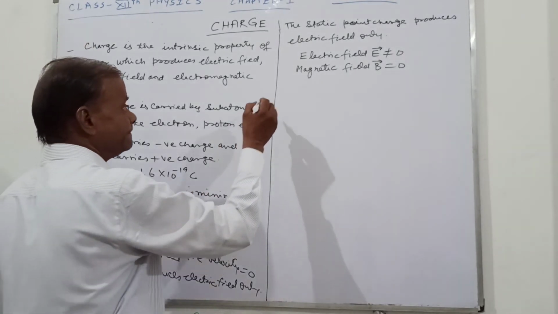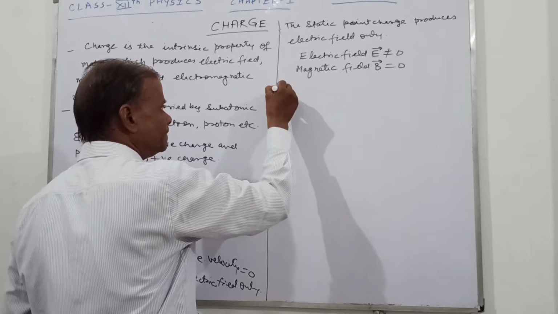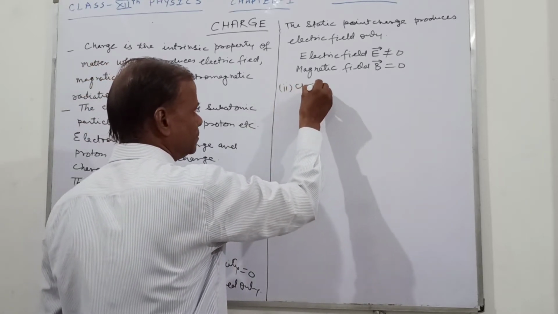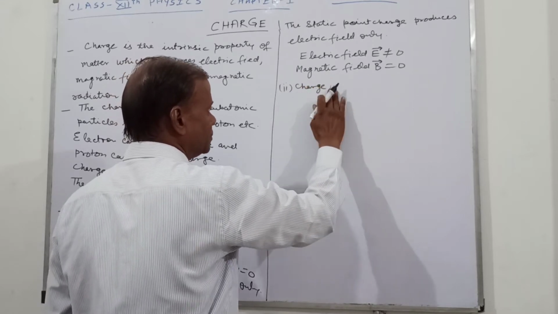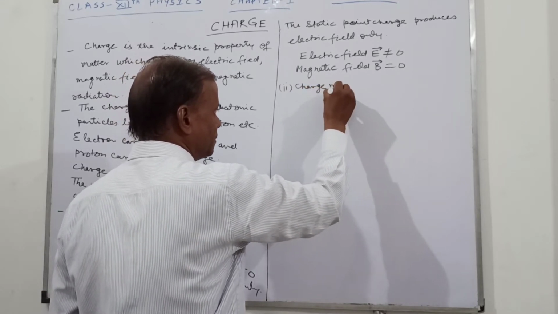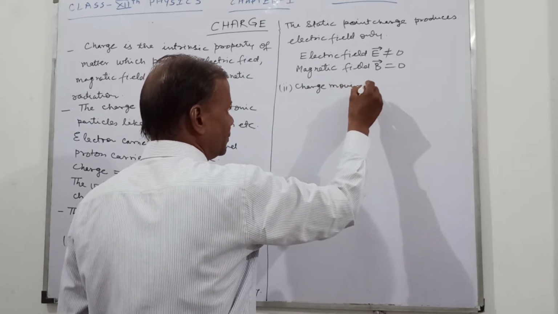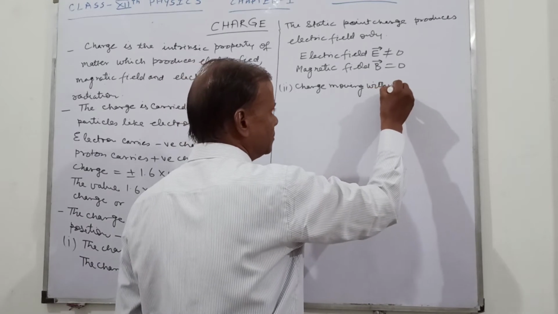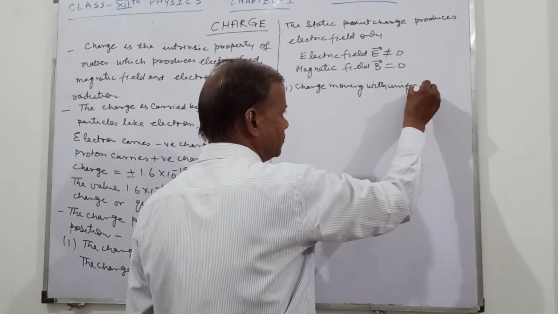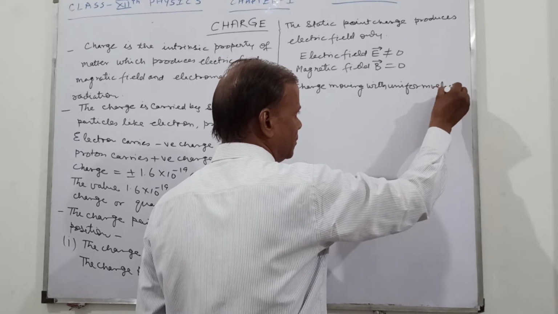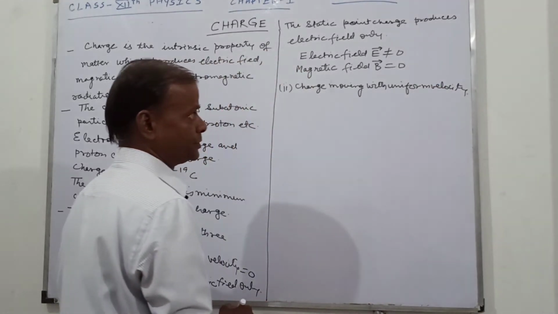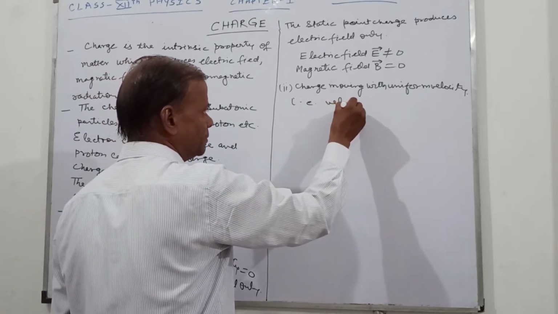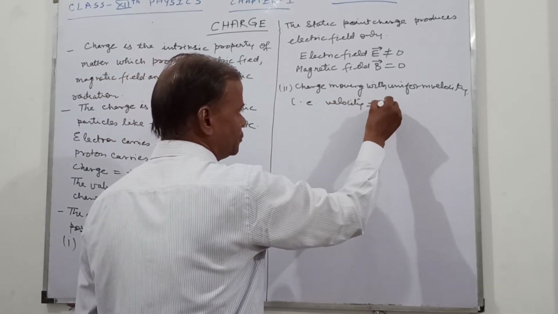Now the second situation. Charge moving with uniform velocity. What does this mean? That velocity is equal to constant.